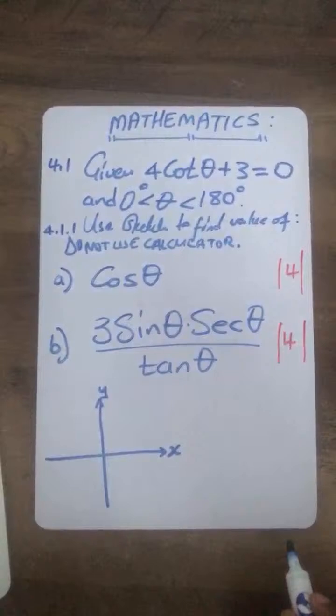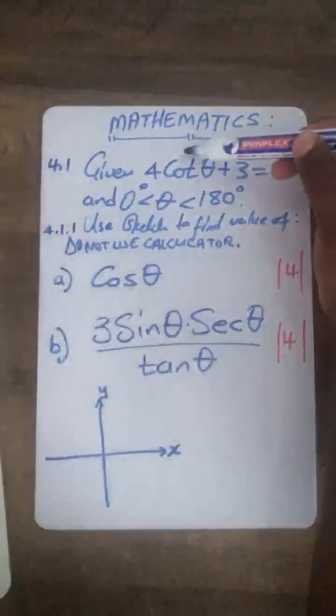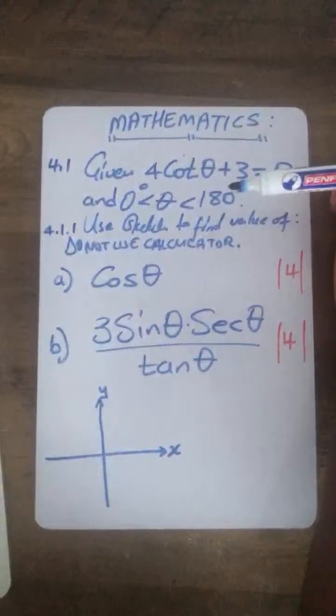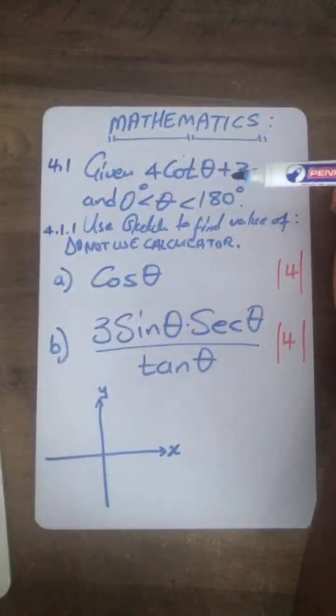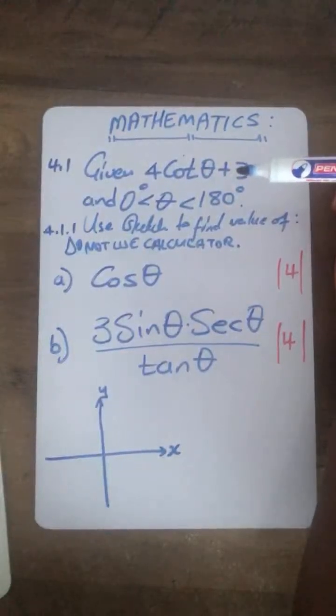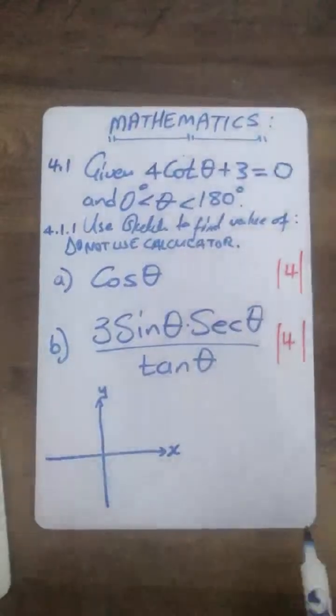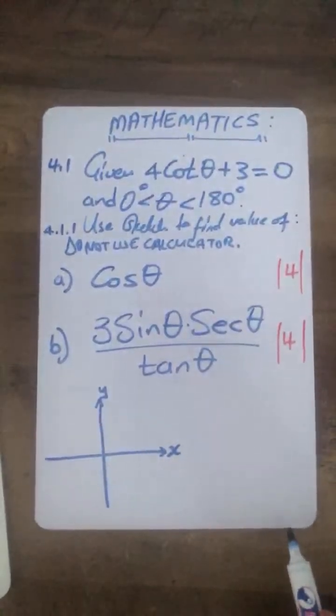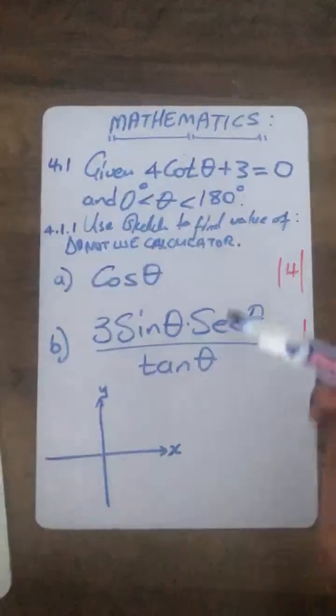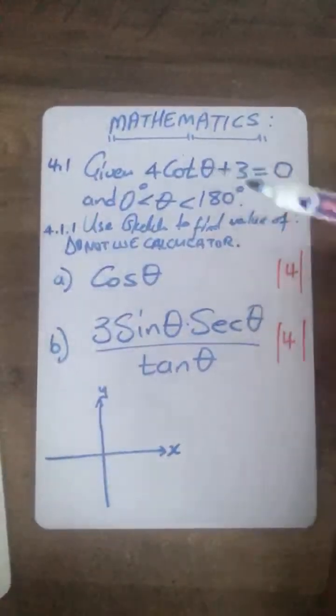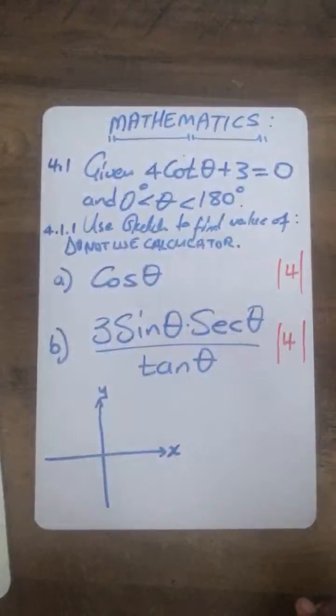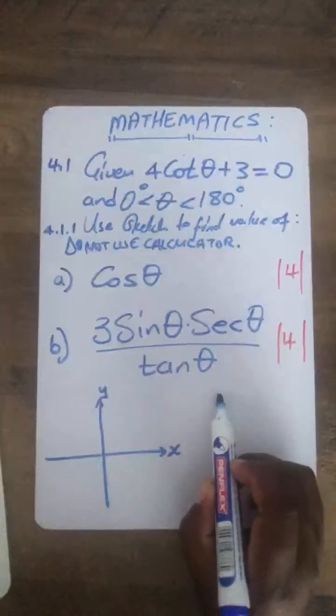The best way to go about this one, honorable members: you remember here you are having cot of an angle, and we said cot is the same as 1 over tan. So let us try to rewrite this as tan equals something.